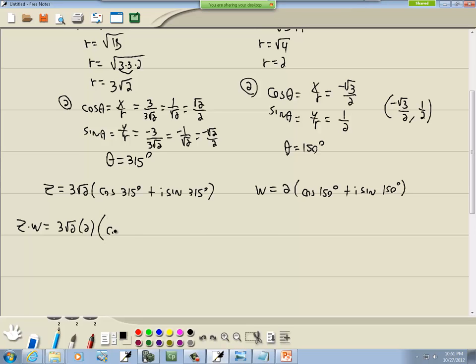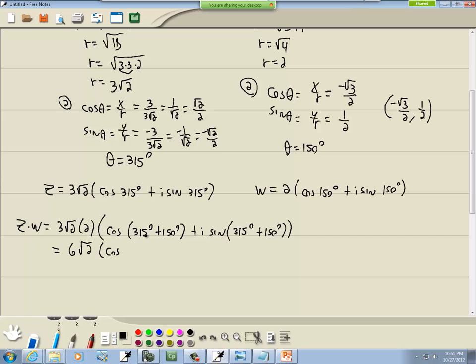And then cosine, and we add the angles. So we got 315 degrees plus 150, plus i sine of the same. Multiply these together. 3 times 2 is 6. So we got 6 square root of 2.